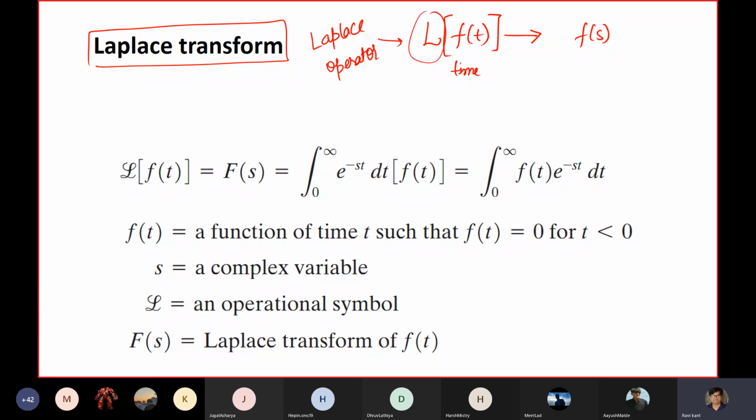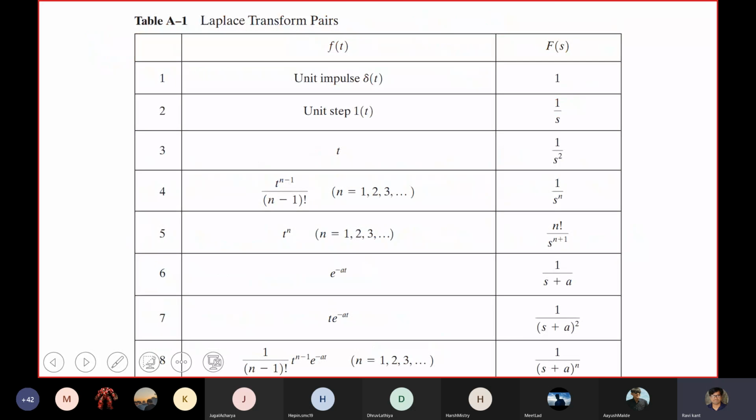L. Okay, and what is that operator? This operator says that whenever you see any function, you don't have to worry about most of the integration signs over here. You have nothing to do with the complexity of this Laplace transformation. You just have to see this table and how these things work beautifully.